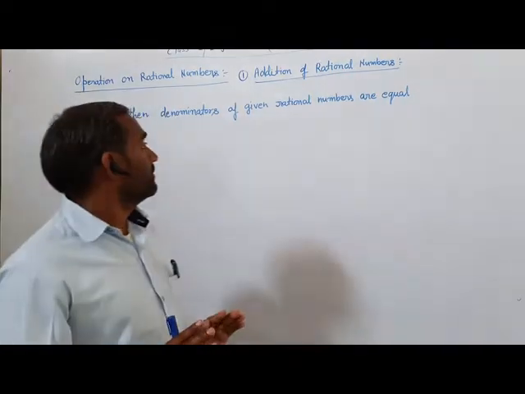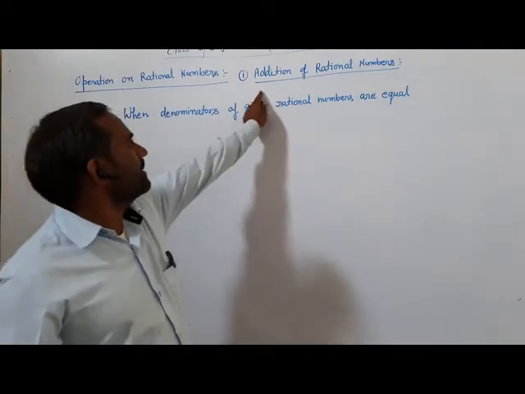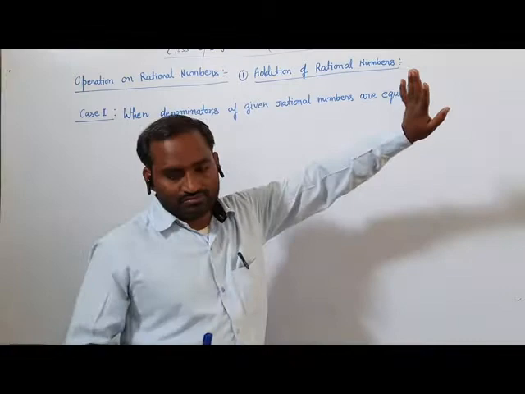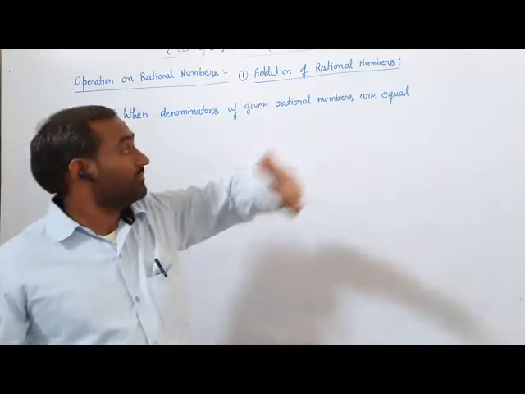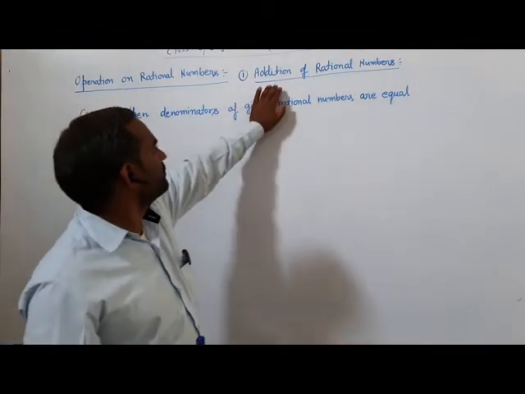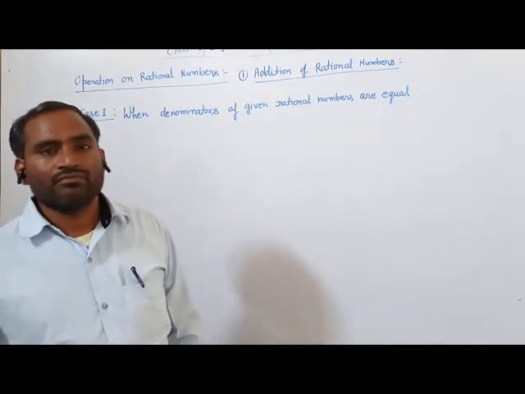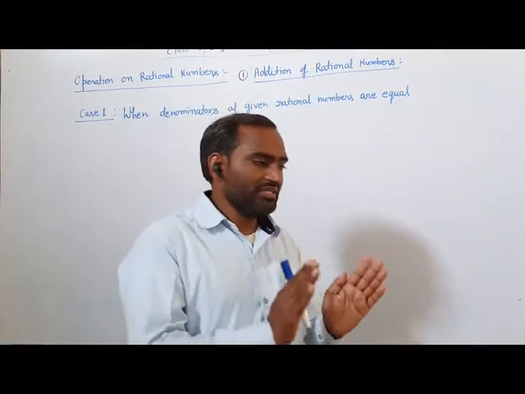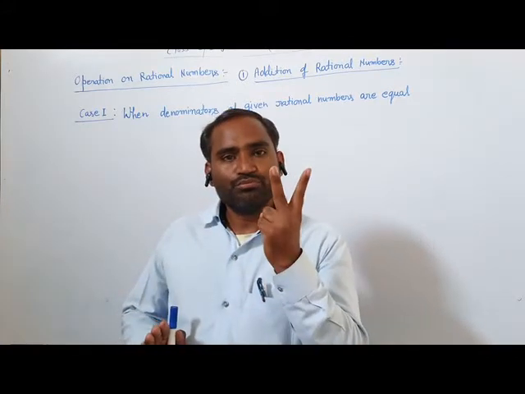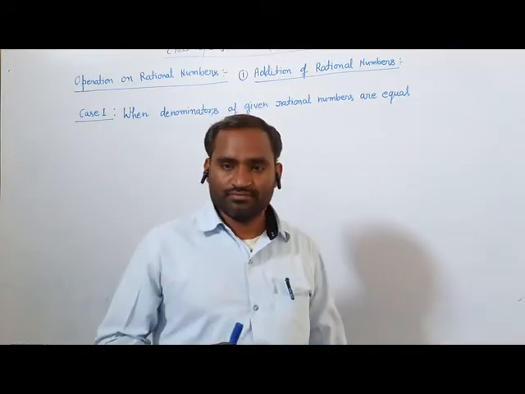So the first operation is addition of rational numbers. First of all, we have to know about the addition of rational numbers. Rational numbers can be added in two cases.